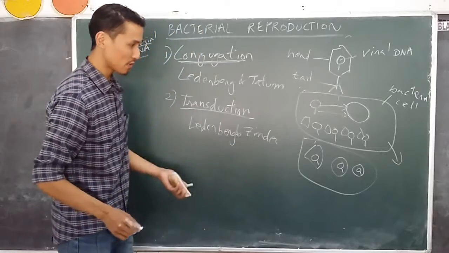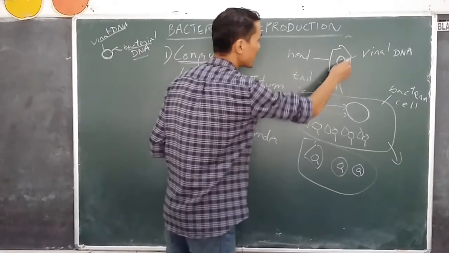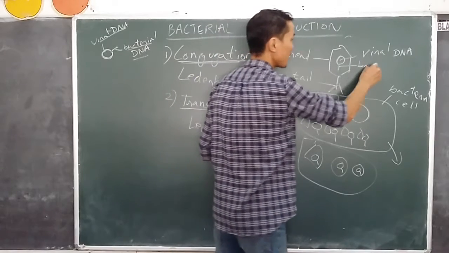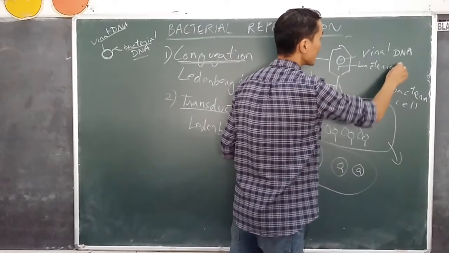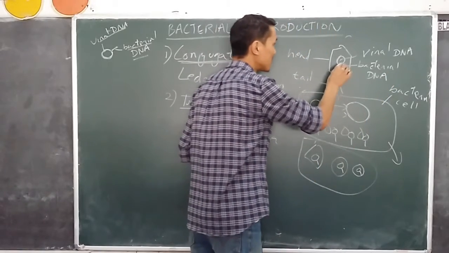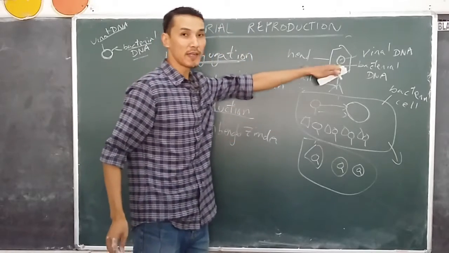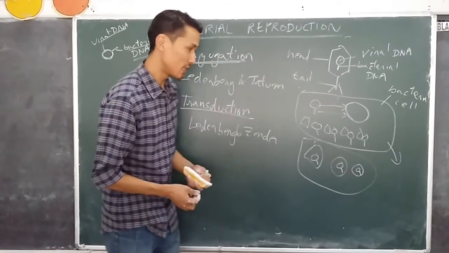So this is one mechanism of genetic transfer by transduction. In this case, the viral DNA already has a bacterial DNA. This bacterial DNA might be random DNA or some selective DNA.